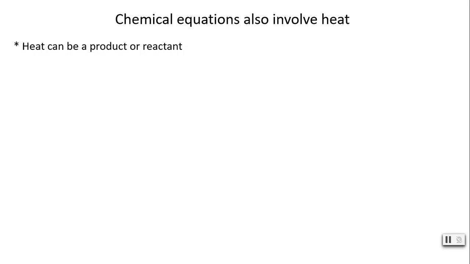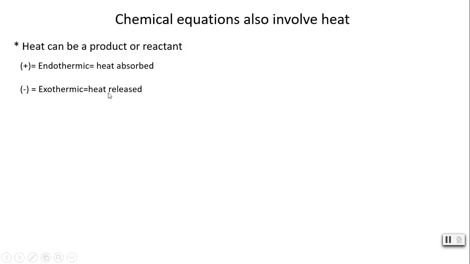When we talked about heat in previous chapters, we gave it that variable Q, and we used that variable in certain equations to calculate heat. You don't need to remember those equations for this chapter, but you do need to remember these two terms that talk about if heat is absorbed in a reaction or if heat is released in a reaction.